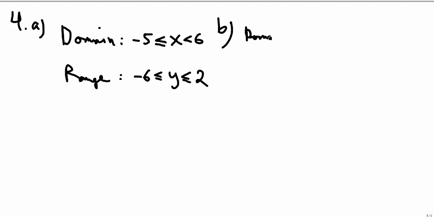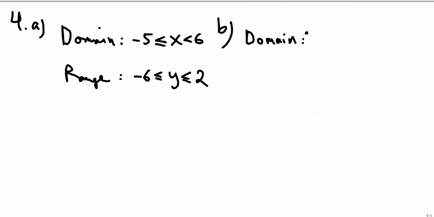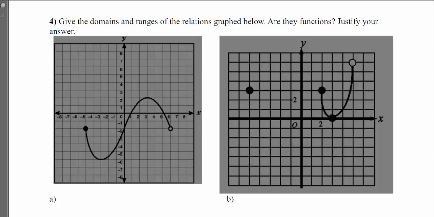Domain. So we said that x is equal to -5, that exact value just -5, and then also we have to add from 2 inclusive to 3, 4, and then 5, but not including 5.